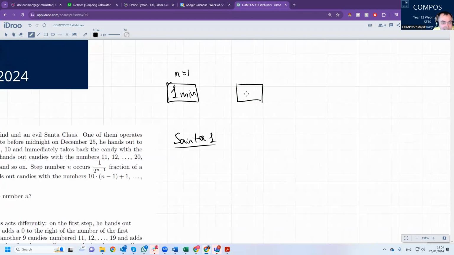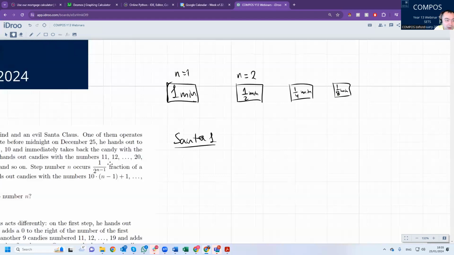Then half a minute before midnight is the second time he gives out candy, then a quarter of a minute, 1/8 of a minute, etc. Basically, it's a finite time. He's only giving out candy in the 1 minute before midnight: first, exactly 1 minute, then 30 seconds before, then 15 seconds before, then 7.5 seconds before, etc.